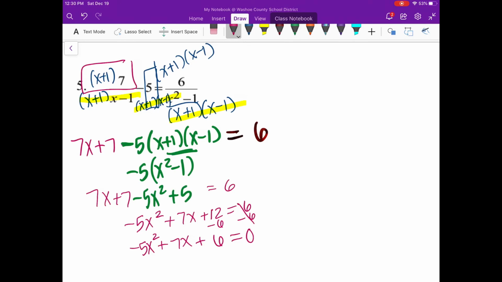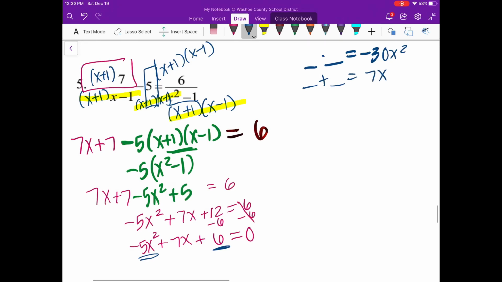Okay, so from here I'm going to go ahead and factor it out, solve for my x's, and check which one's going to work. So again, it's not a equals 1, so we have to do a little bit more work. What two numbers multiply to a negative 30x squared but add up to a positive 7x?